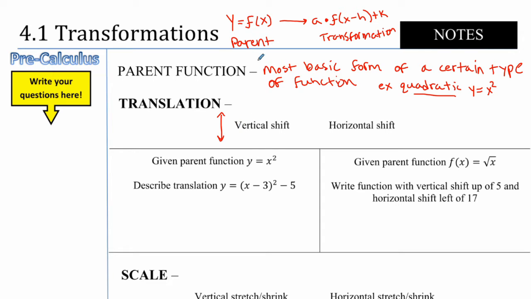So for something like f of x, that means we are adding or subtracting some value k, some constant, onto the end of that. If we add something to the end, we're going to move it up. If we subtract something, we'll move it down.